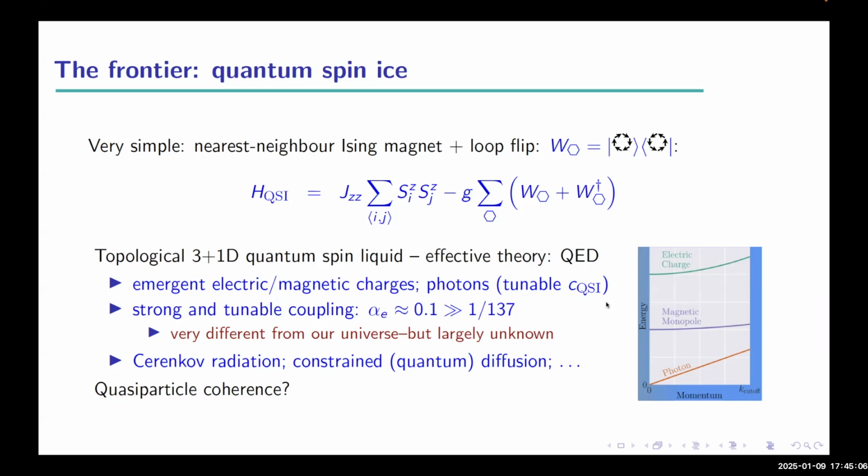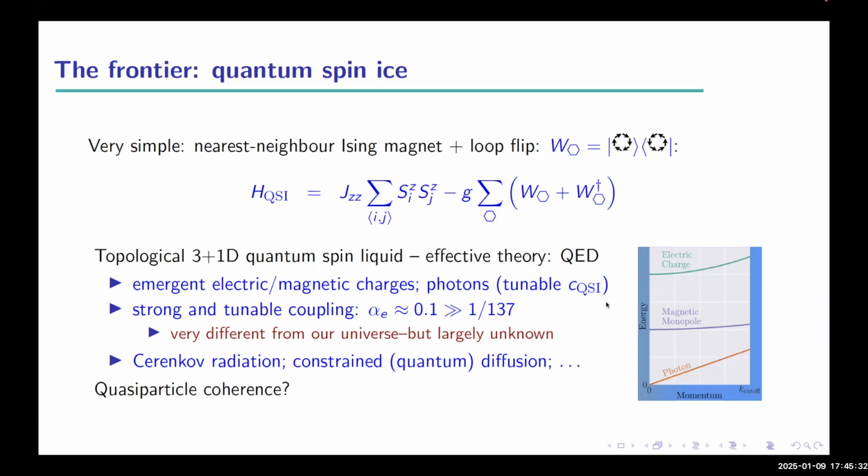It turns out in quantum spin ice, the fine structure constant equals 0.1. So that's more than a factor 10 bigger than in quantum electrodynamics. And you say 0.1 is still a small number. People have done perturbation theories in numbers which are considerably bigger than 0.1. But you should know that QED is believed to be unstable at around 0.2. So this is really already pretty close to the instability point of quantum electrodynamics.